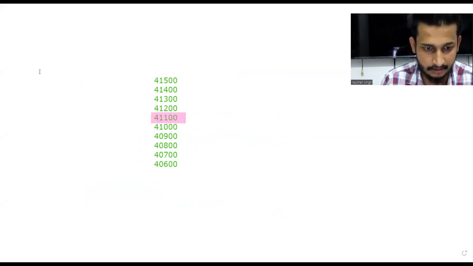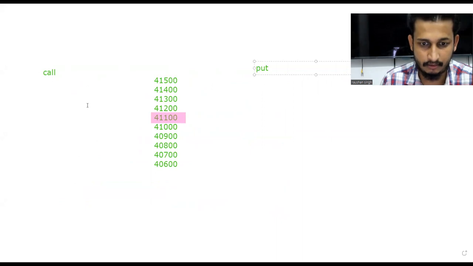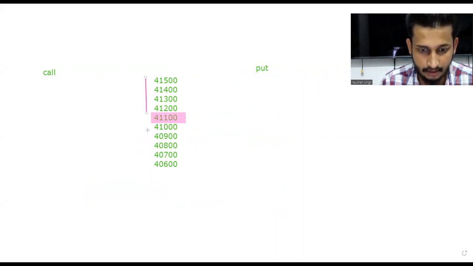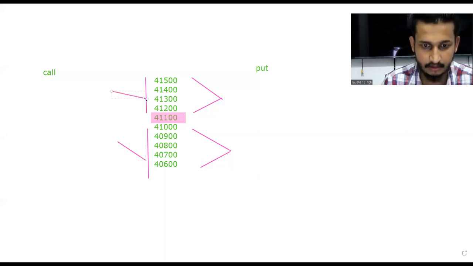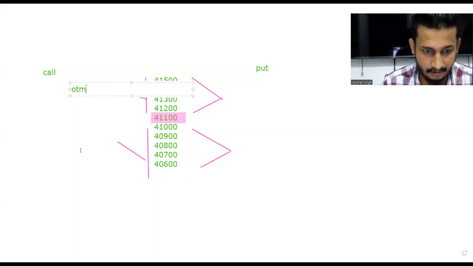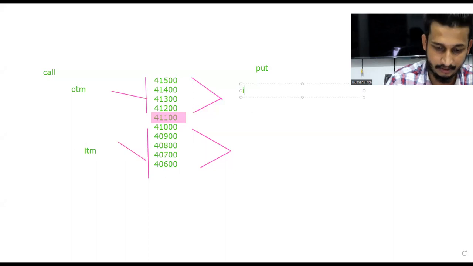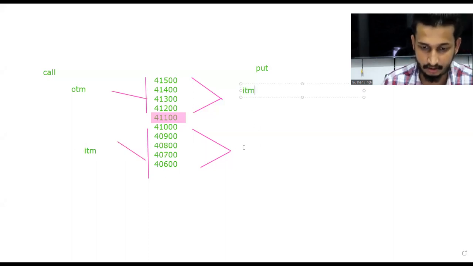And here, this side is our calls, okay, and this side is our puts. Now, this one. For calls it is going to be OTM and it is going to be in the money, and for put it is going to be in the money, and for calls, oh sorry, for put it is going to be out of the money.